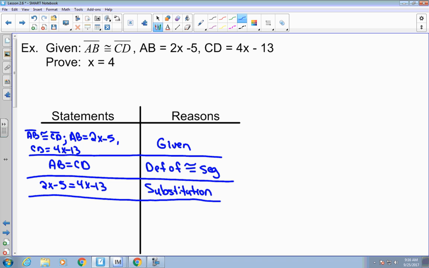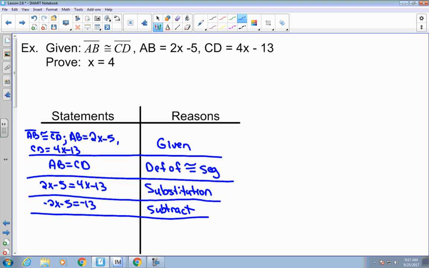So then what do you think I should do first now to solve for x? How do I remove it? Subtract. Okay, so move 4x over, subtract 4x from both sides. So that's negative 2x minus 5 equals negative 13. And that was subtraction.